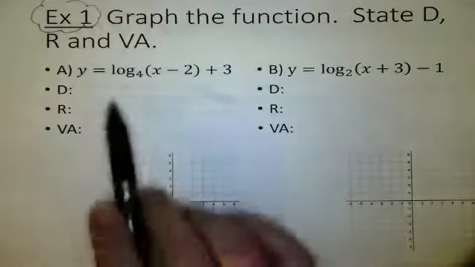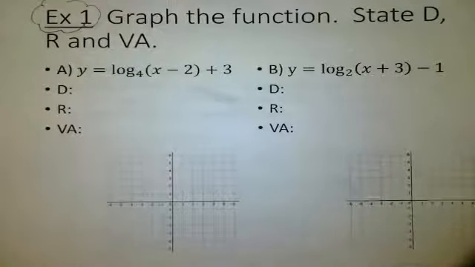I have, for my first problem here, y equals log base 4 of (x minus 2) plus 3. And again, we want to find the domain, range, and vertical asymptote.